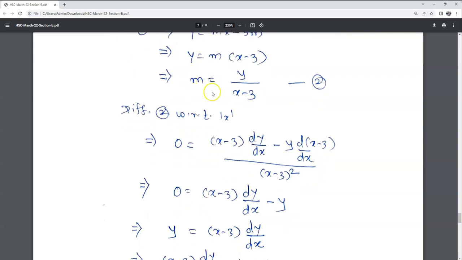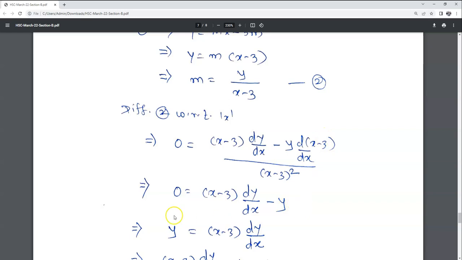Since m is a constant, the derivative of this constant will be 0, equal to, by the u upon v rule: v as it is, derivative of u, that is y, minus u as it is and derivative of v, that is the derivative of x minus 3, upon v square. Now x minus 3 as it is, dy by dx as it is, minus y, and the derivative of x minus 3 is 1 and minus 3 is 0. So the derivative of x minus 3 will be 1.